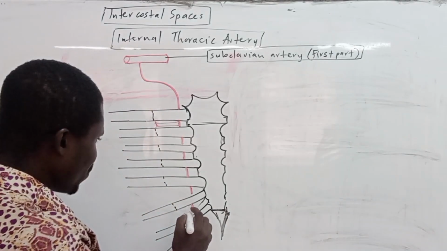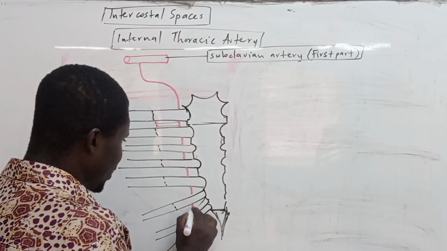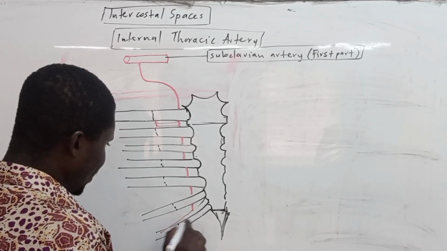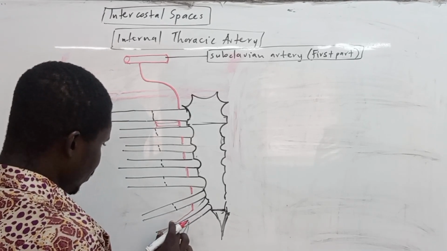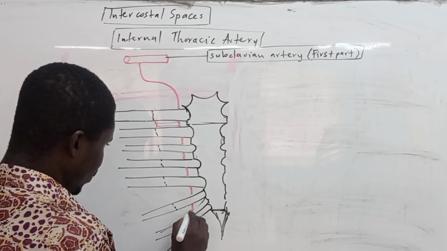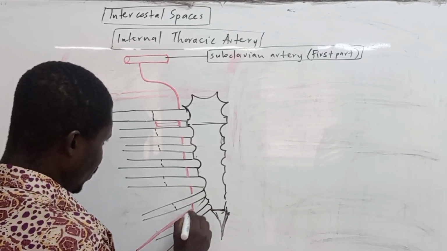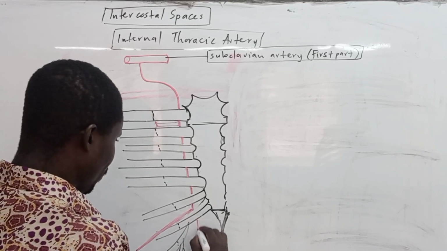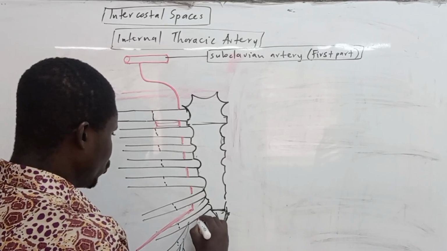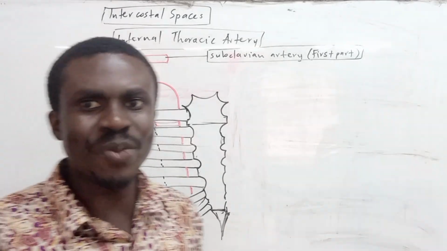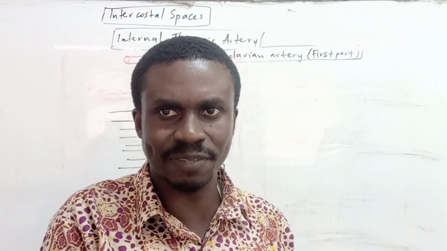And that is why at the level of the sixth intercostal space, this artery will divide into 2. So this artery will have some kind of terminal branches.